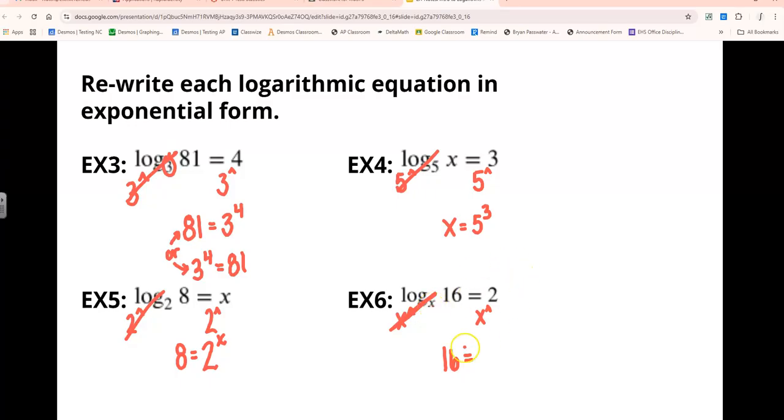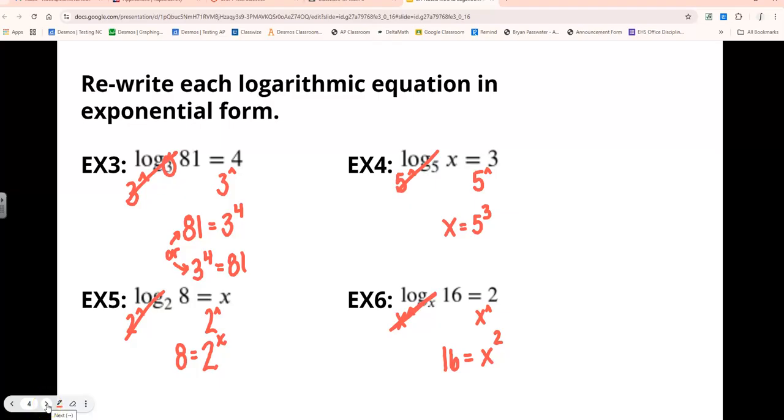How do I write what I've got over here? x squared, or x to the second power. Very good. So whatever the base is has to be the base when you rewrite it as an exponent. Okay, we got that? That's all there really is to it on this rewriting. We're just taking the base and making it our power on both sides.